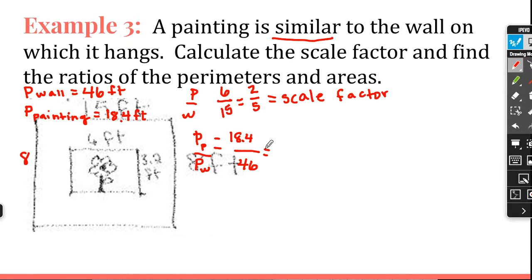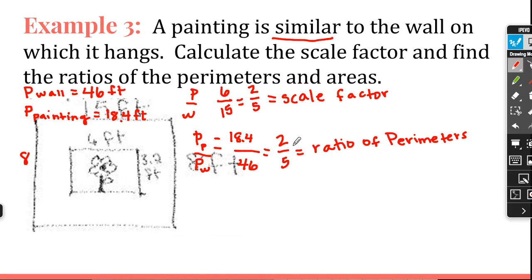So I want to divide this out, and I get 18.4 divided by 46, which is 0.4. And we know that 0.4 is 2/5. So this is the ratio of the perimeters. So notice that our scale factor and our ratio of our perimeters ends up the same.